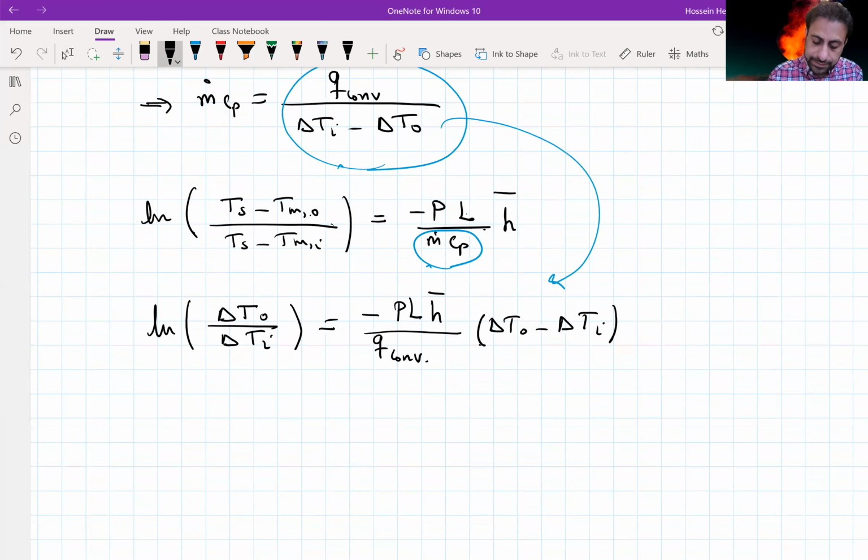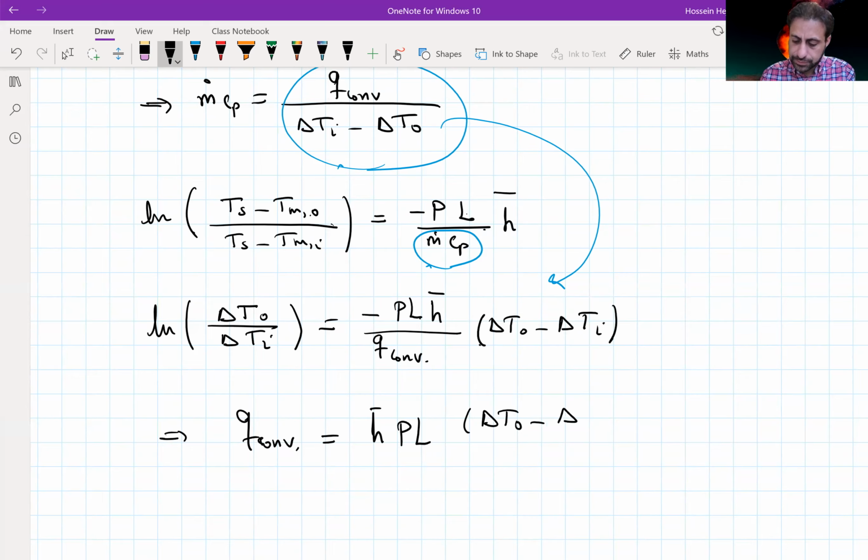So I can now rearrange this to get the Q convection that happens along the whole length of the tube. It's going to be h P L (delta To minus delta Ti) divided by the natural log of delta To divided by delta Ti.